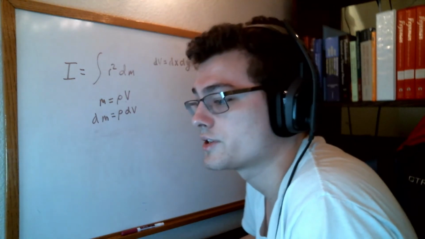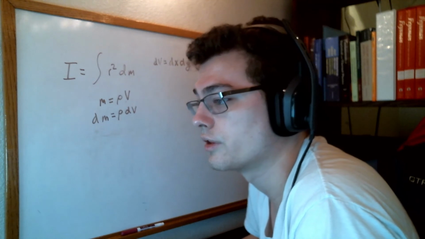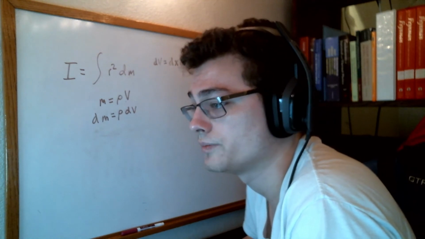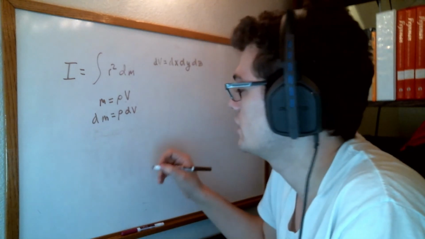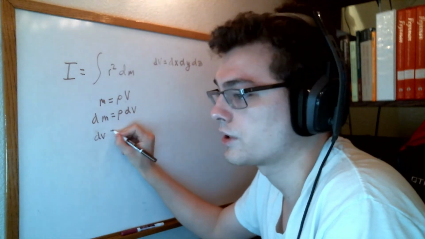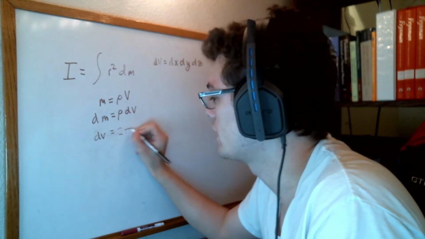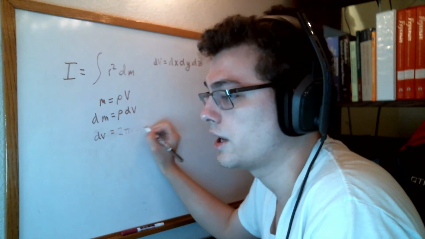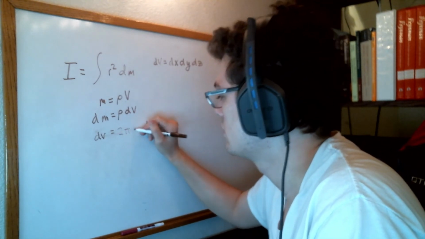So in this case, we're going to have to work with the volume of that cylindrical shell. So dv is going to be equal to 2 pi r L dr.